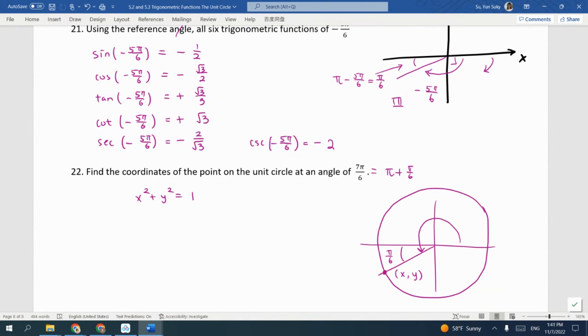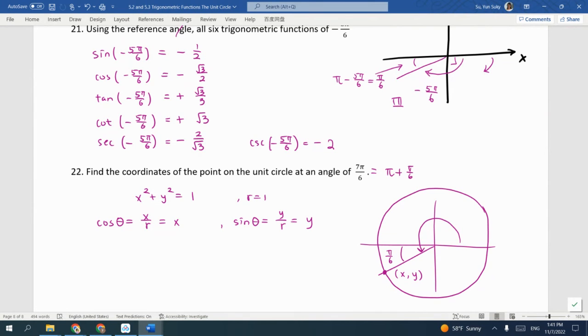And x, remember, cosine theta is x over r. But because r is 1 on the unit circle, cosine theta is x. And sine theta, which is y over r, because r is 1, that is the y.